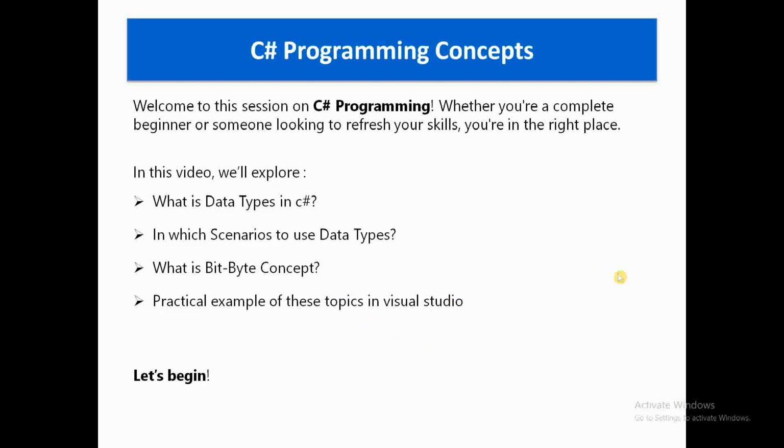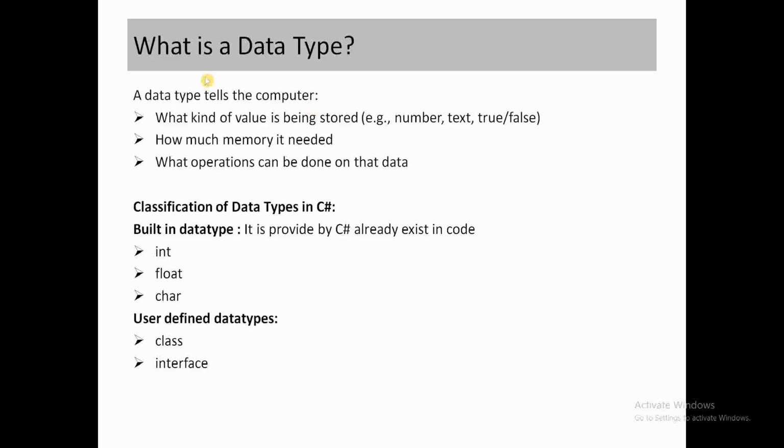So let's begin. This is our first topic, that is data type. A data type tells the computer what kind of value is being stored, for example number, text, true, false, how much memory it needs, and what operations can be done on that data. If we want to store some value, like an integer value or string value, we have to properly specify which data type we want to use, like integer, string.